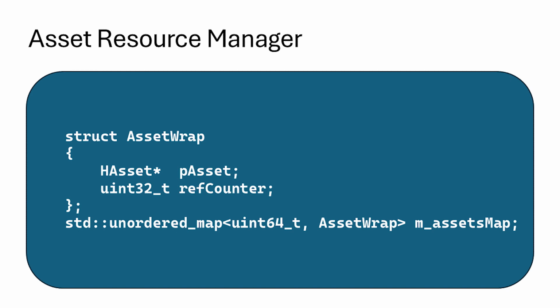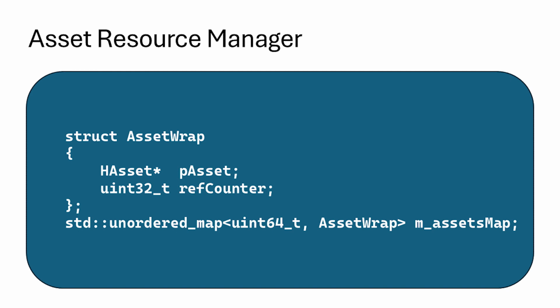Then let's take a look at the asset manager. Its job is similar to the GPU resource manager, which is also managing the shared asset resources. For example, if there are two entities that use the same material asset, the material asset only needs to be stored in the memory one time. Similarly, we manage this by using a mechanism that is similar to the shared pointer.